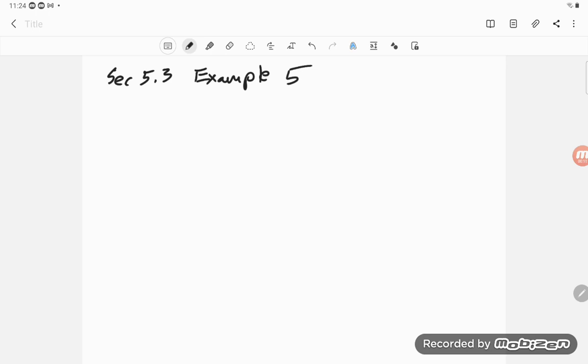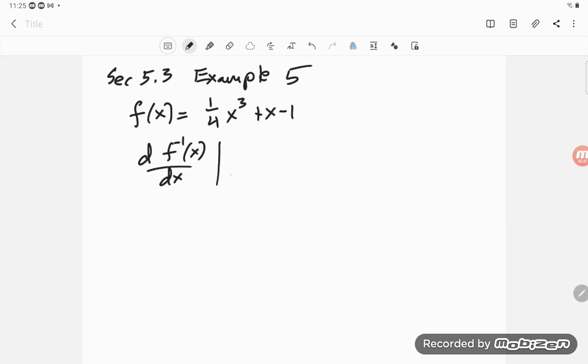And here they would like to know, if we're told f of x is the function 1/4 x cubed plus x minus 1, what is the derivative of f inverse of x with respect to x at x equals 3.